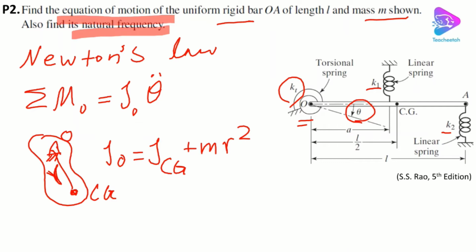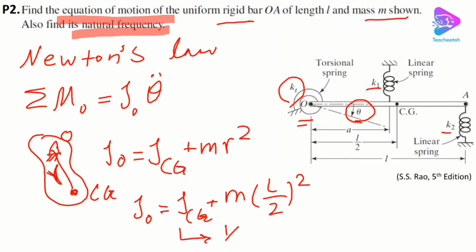For this rod, we can simply write J_O is equal to J_CG plus, what is the distance between the CG and O? Half of the length of the rod, which is m(L/2) squared. And for a rod, J_CG is basically 1/12 of mL squared.